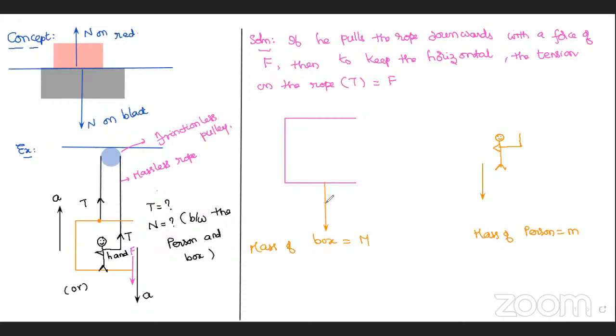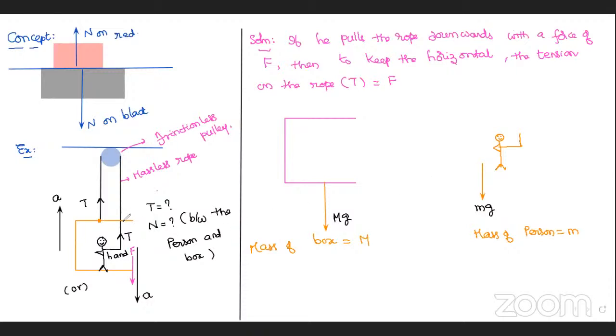Weight. So Mg and this is mg, the weight of the box and the weight of the person in the free body diagram.